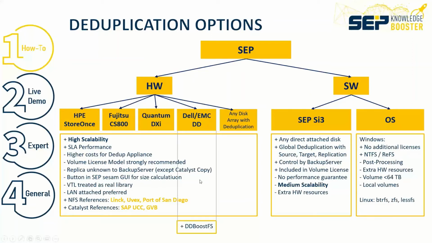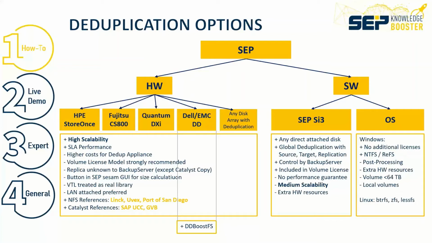Then what about these proprietary protocols? You might know that the Data Domain has a proprietary protocol called DD-Boost. With this, it's possible to distribute the effort of deduplication. If you attach the Data Domain as a VTL, then the complete deduplication work is done by the dedup appliance.